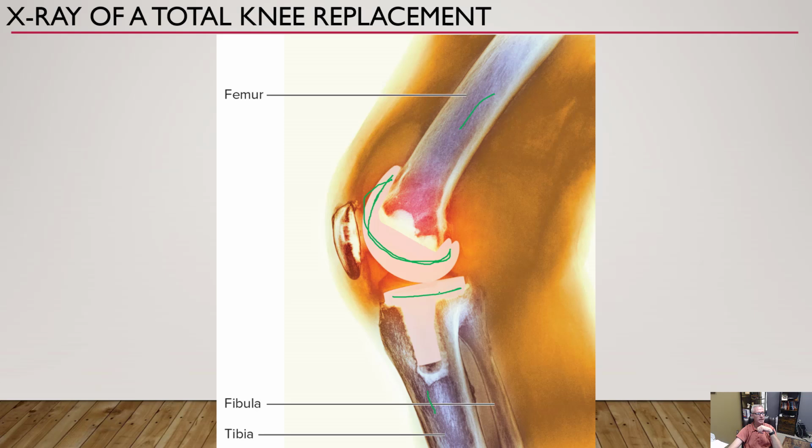We're going to drill into the tibia, and we're going to put this usually in the tibia and the femur. We're going to use titanium, and we're going to hammer this titanium part into the femur to replace that joint.